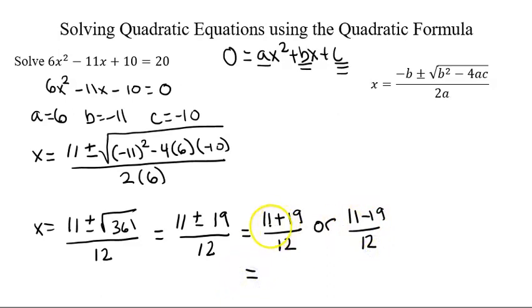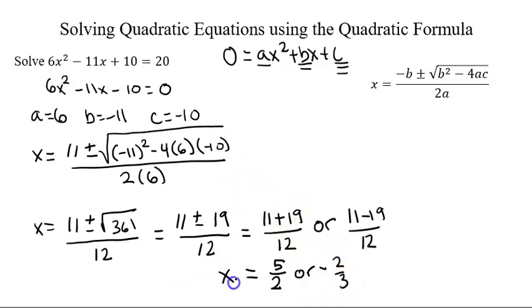So in my calculator, 11 plus 19 over 12 gives me 5 halves. So one answer is going to be positive 5 halves. Or the next one is the same thing, but I'm going to go 11 minus 19 over 12, which gives me negative 2/3.